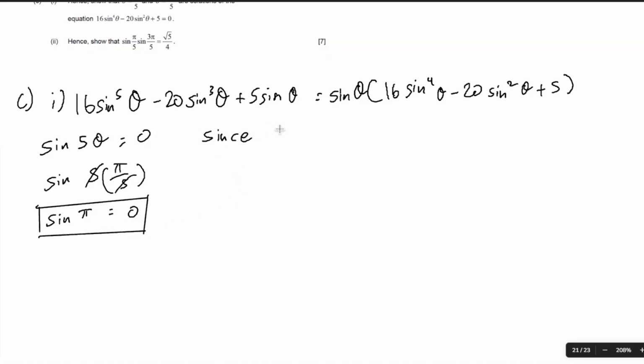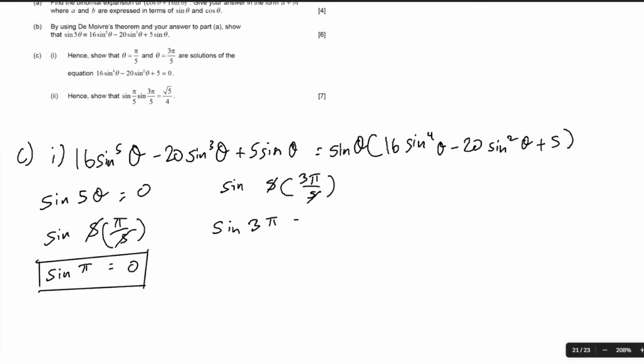And after that, we can check our next one, which is 3 pi over 5. Cancel this out, and we have sine 3 pi, and sine 3 pi is also equal to 0. So this is also correct.